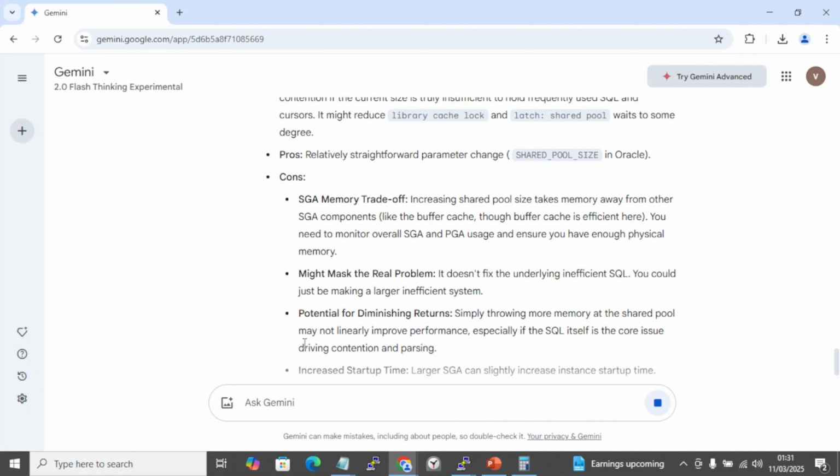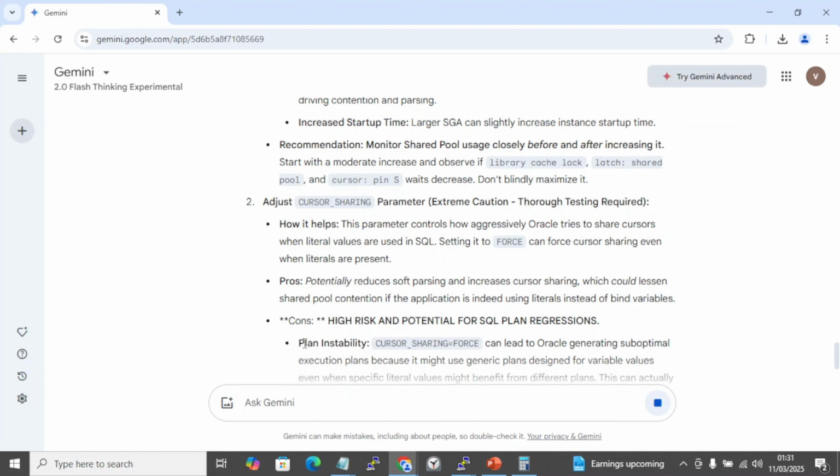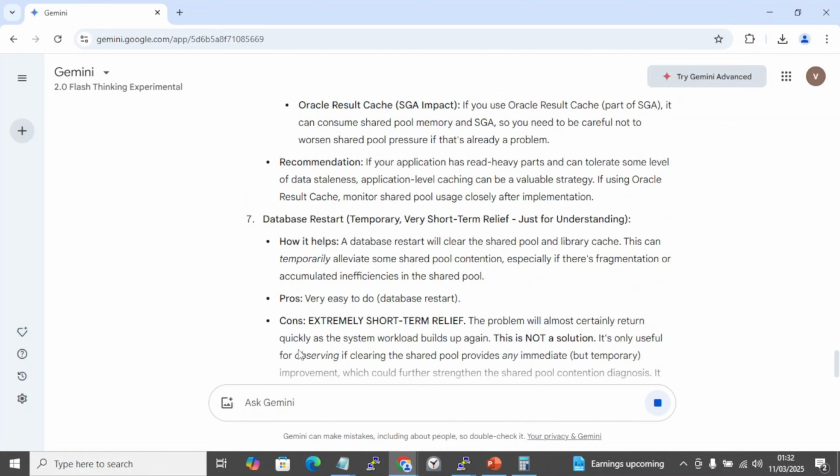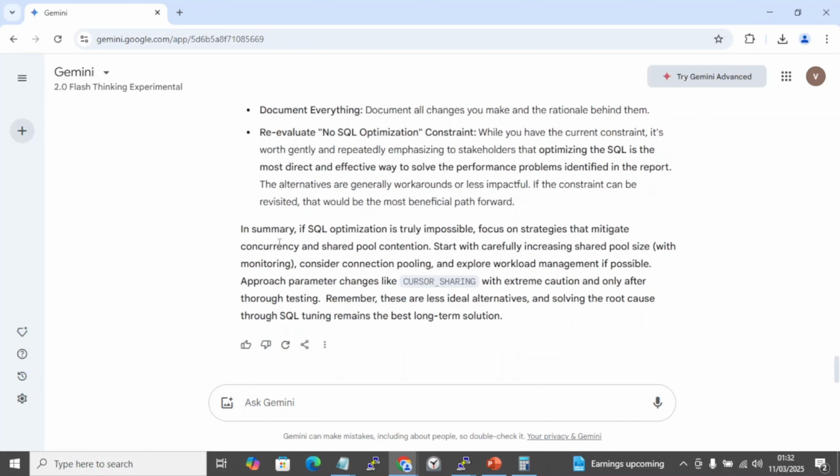It's up to you whatever you would like to do with this tool, but it's purely an experiment. In summary, if SQL optimization is truly impossible, focus on strategies that mitigate the concurrency and shared pool issues. Start with carefully increasing the shared pool size. Consider connection pooling. Possibly approach parameters like cursor sharing, but be extremely cautious.